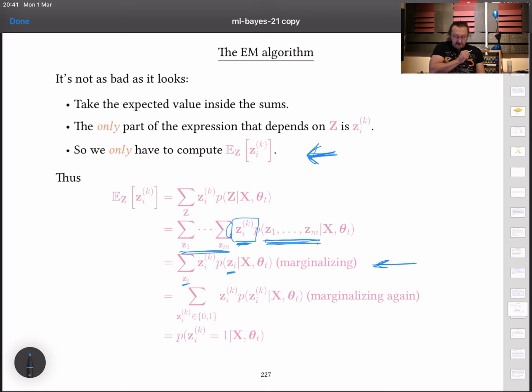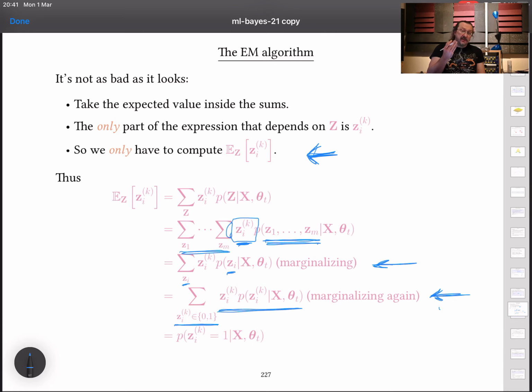The others will marginalize out, which gets us to here. So we're just summing over the two possible values for the indicator for the ith example and the kth cluster. Those values are 0 and 1, and we've just ended up with this for the expected value.